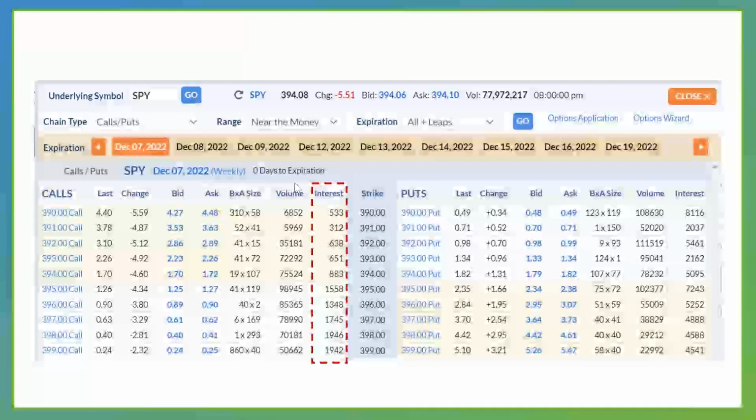So both volume and open interest do give some indication as to how liquid the option is. It's not that simple. There's actually a lot more to liquidity than just volume and open interest, but they do play a small part in that as well.